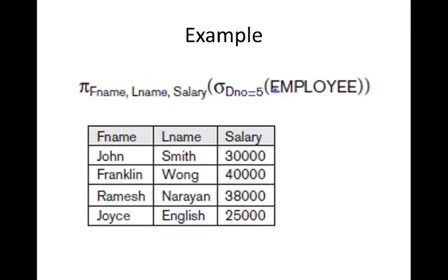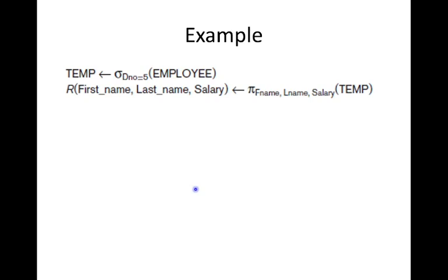If you are directly applying, you will get the result like this. If you are applying together, you will get the result like this. But if you are storing it in a temporary relation, and after that you are going to project the first name, last name from that temporary relation, and if you want to rename those attributes also, you are renaming the relation name, the new relation that will be formed is R, and you want to change the F name to first name and L name to last name.